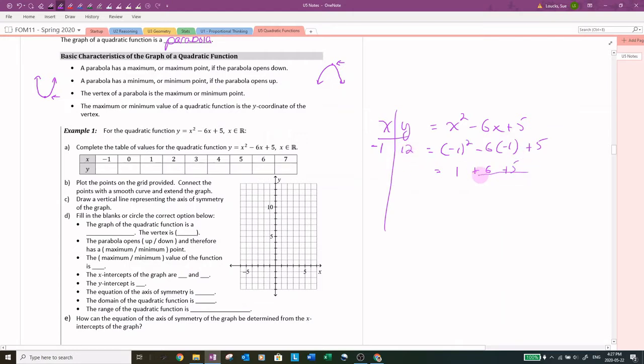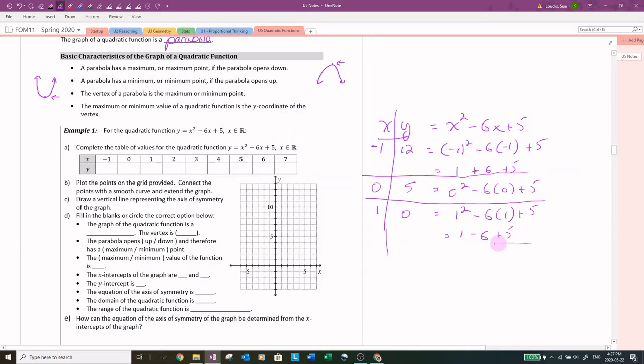All right, so if x is -1, y is 12. If x is 0, we have 0² - 6(0) + 5, which is just 5. If x is 1, we have 1² - 6(1) + 5, which is 1 - 6 + 5, which is 0.